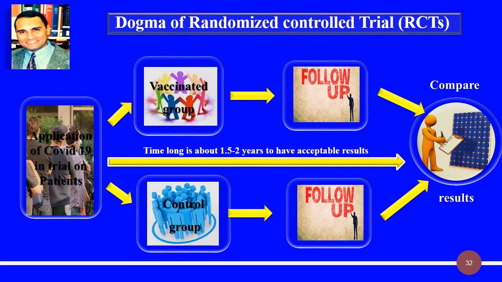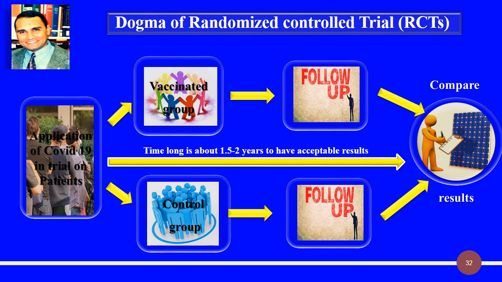A good example of experimental design is the dogma of the randomized controlled trial, or RCTs. We give an example with one of the vaccines that came to the site of the whole world. It is the COVID-19 vaccine. So, application of the COVID-19 vaccine in a trial on patients after ethically informing them about what's going on.